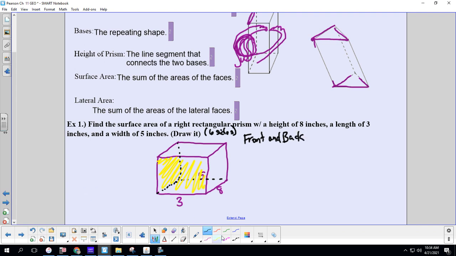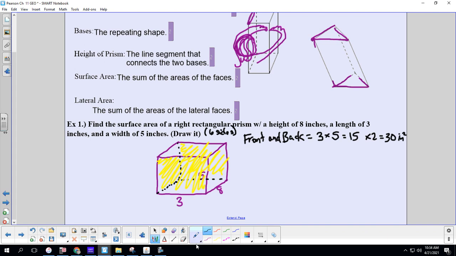So the front and back are both 3 times 5 for the area, which is 15. And we're going to times it by 2 because there's 2 of them. So the area of the combined front and back is going to be 30 inches squared.